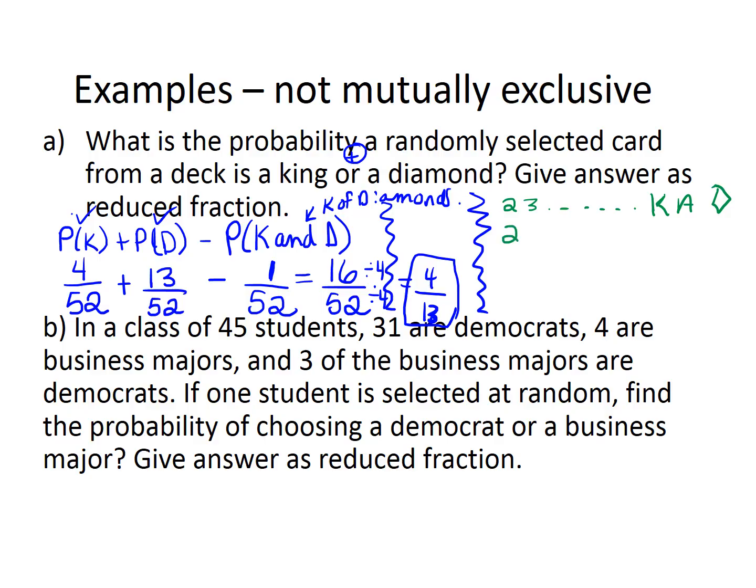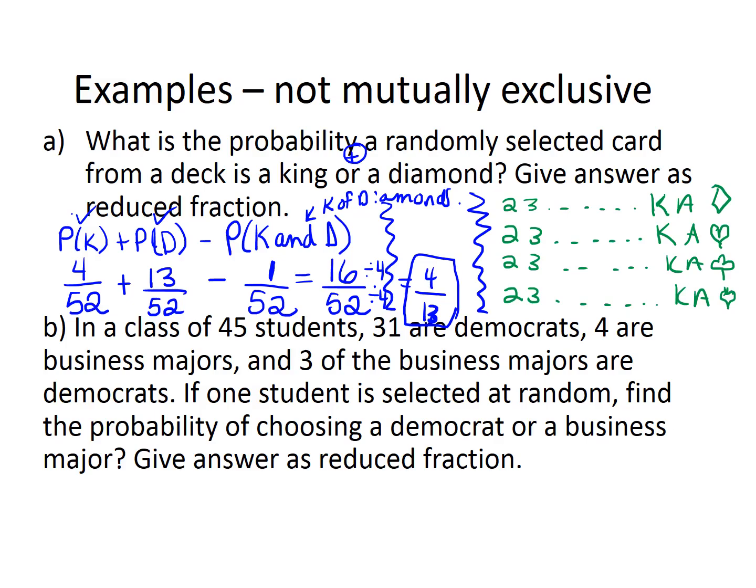And then you have that same thing, king, ace, of hearts, clubs, and spades. Ooh, that was really ugly.